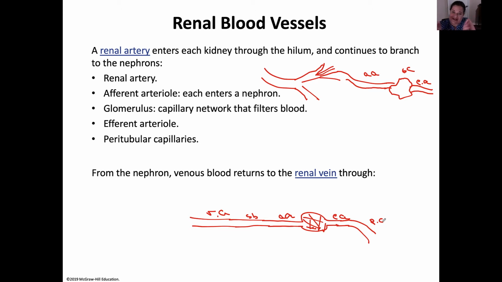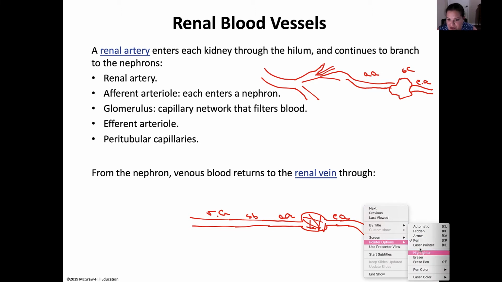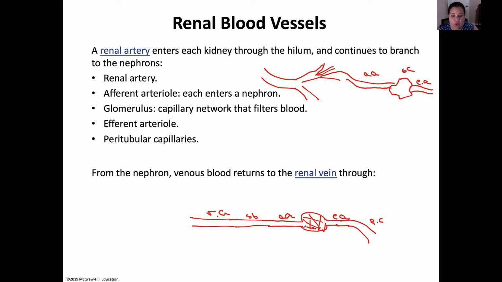That sequence of blood vessels is very important so that we can understand. Where is my yellow? When we go from the renal artery to the smaller blood vessels to the afferent arteriole, that forms a network of capillaries similar to the capillaries that we had around the alveoli, right?